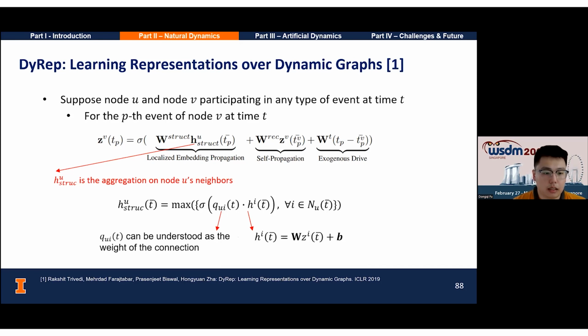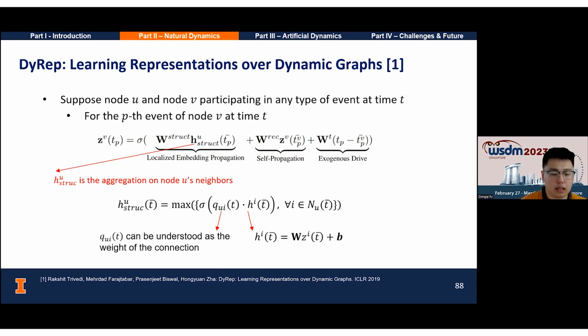So the T bar means any event that happens previous to the TVP bar. And to do this, HU struct T bar is a max pooling function to read out, which you can understand as an attention over the neighbors of node U. Here HI T bar means each node I in U's neighborhood, and we have their attention weights or the edge connection weights.